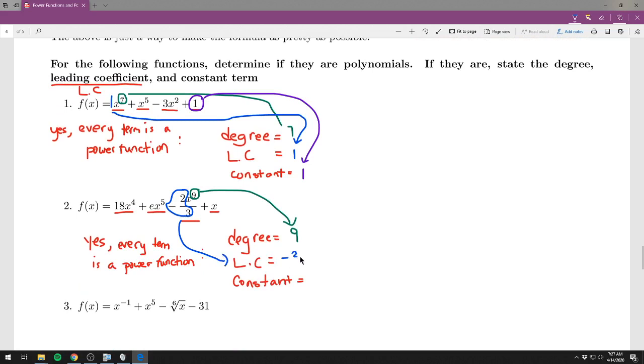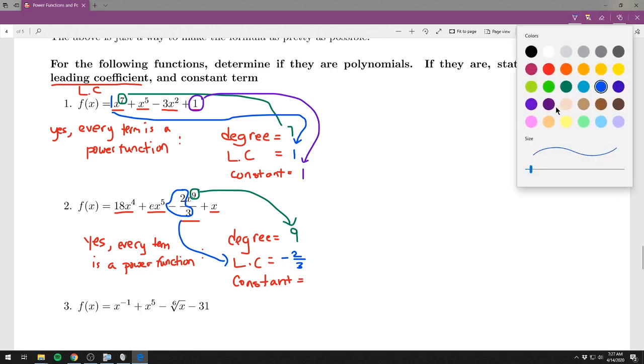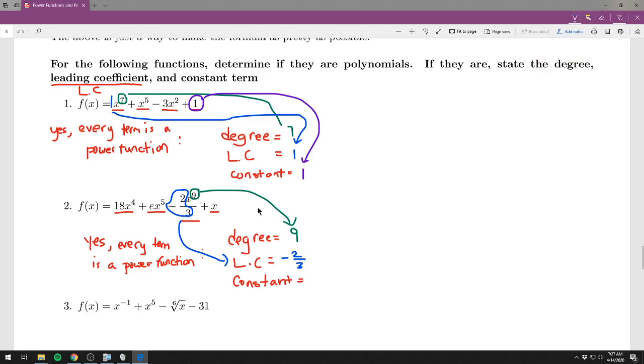We get negative 2 over 3. And the last question, the constant term. You'll notice that there's no terms without x here. So really we can think of having a plus 0. Our constant term is 0. The constant term is never going to be d and e. So if everything has an x in it, the constant term is 0.